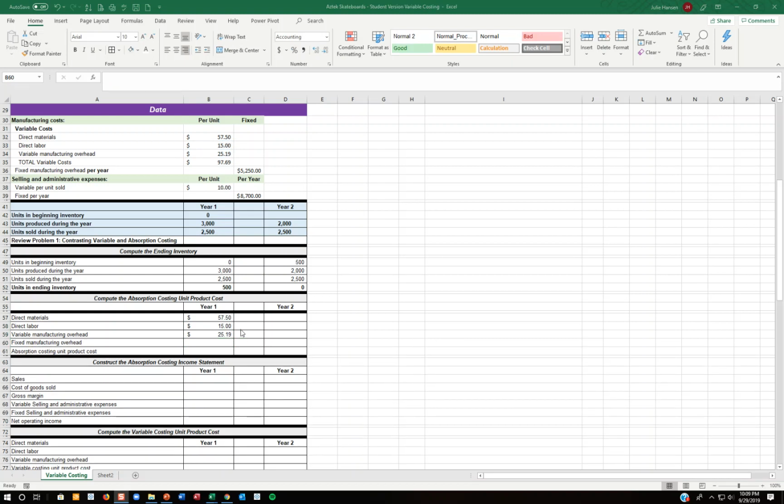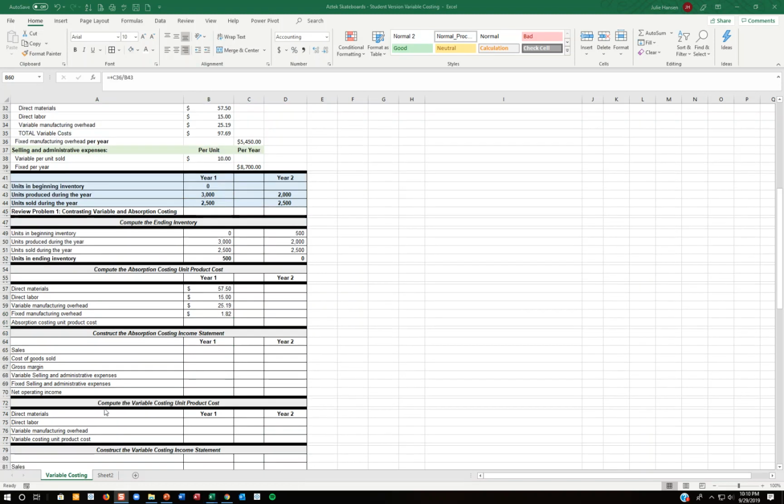I'm going to take the fixed manufacturing overhead, which was the $5,250, and divide that by how many units were produced during the year. So here's my $5,250 divided by how many units I produced, and that's going to give me that amount. And the total for the unit absorption costing is going to be the sum of all of these right here. I did make one slight error.